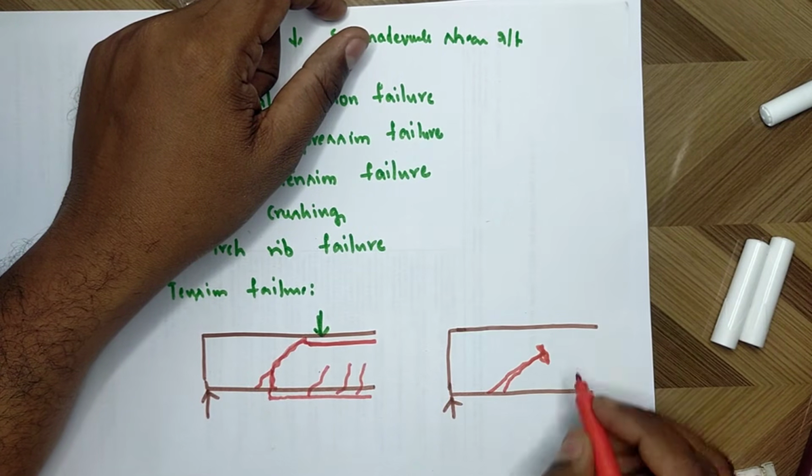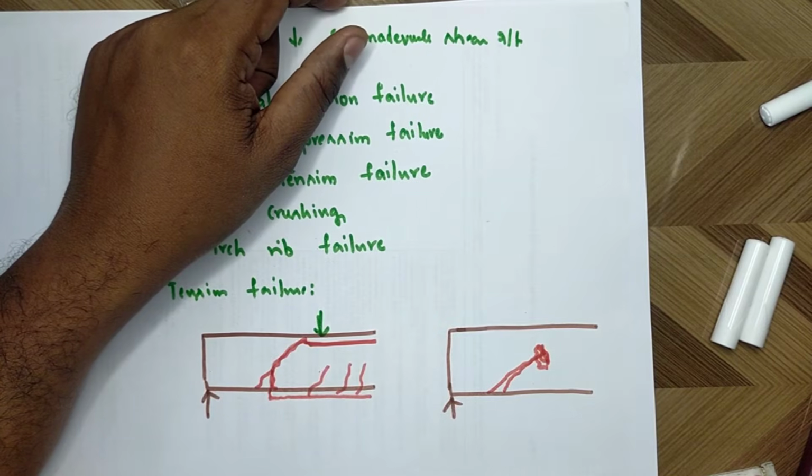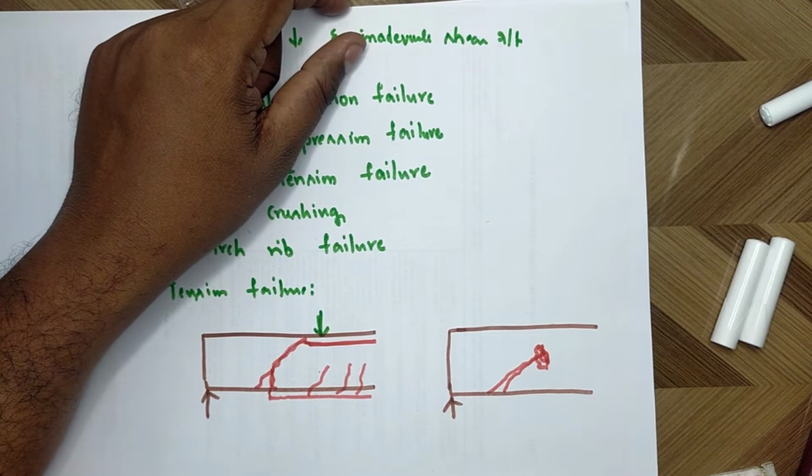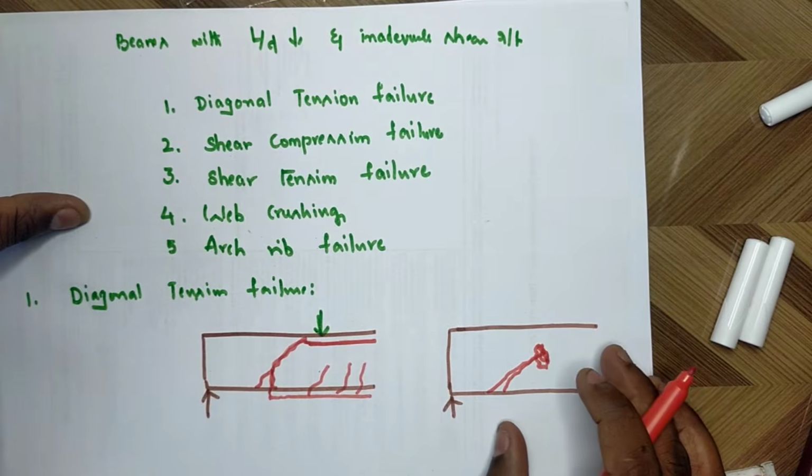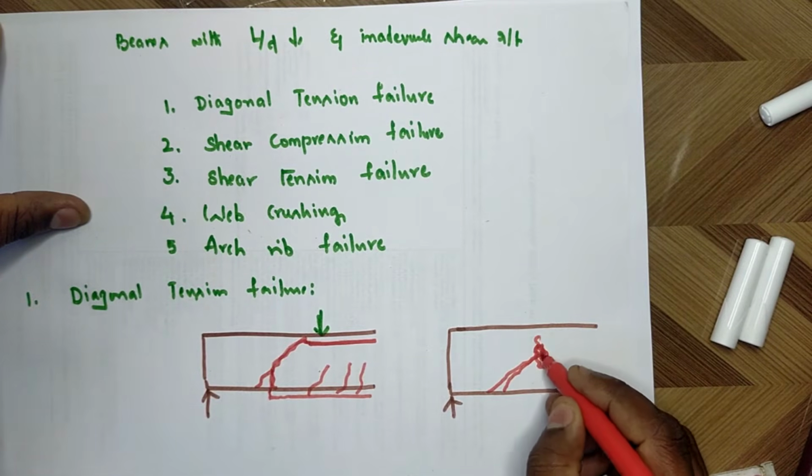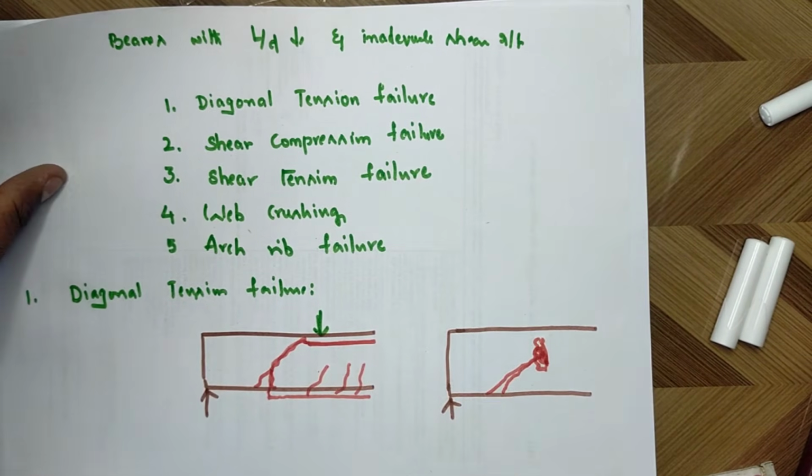This is known as shear compression failure. This crushing will be in the shear zone. Next, shear tension.